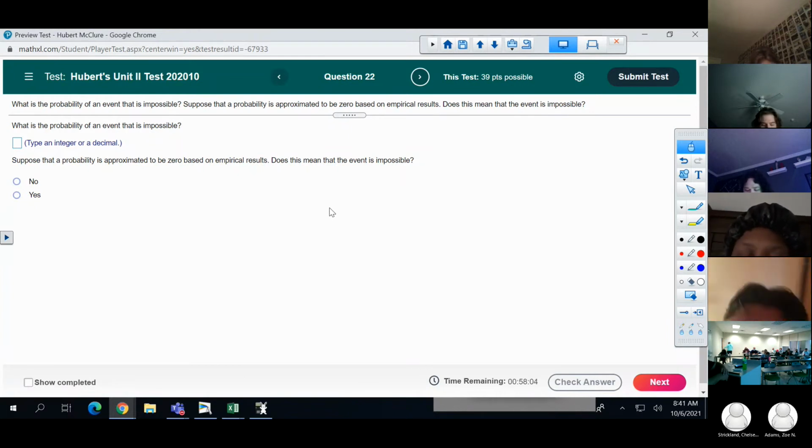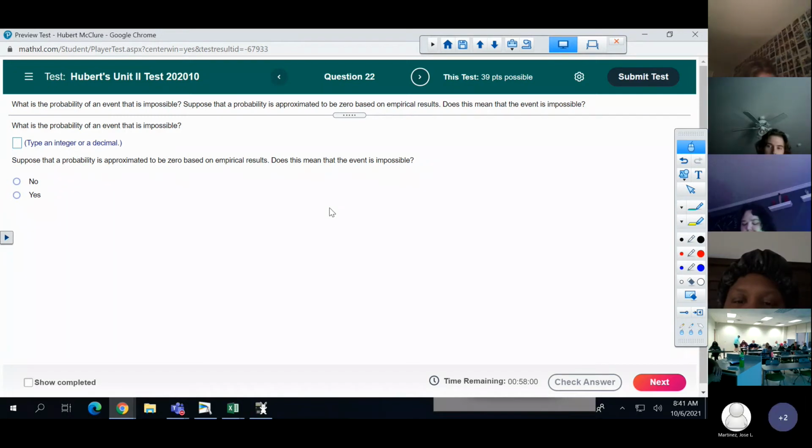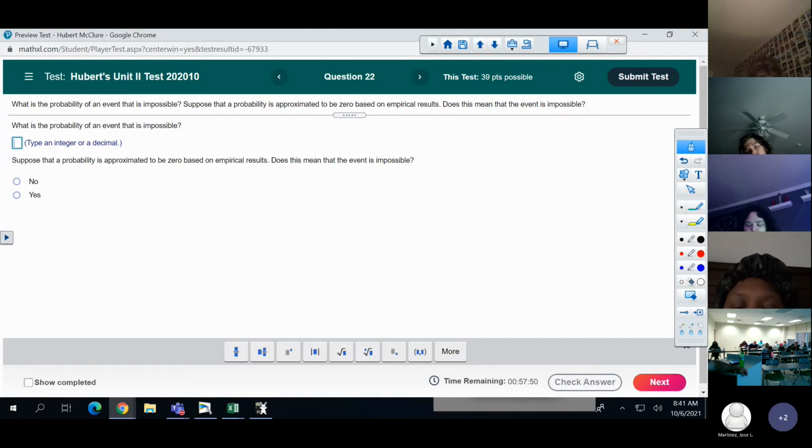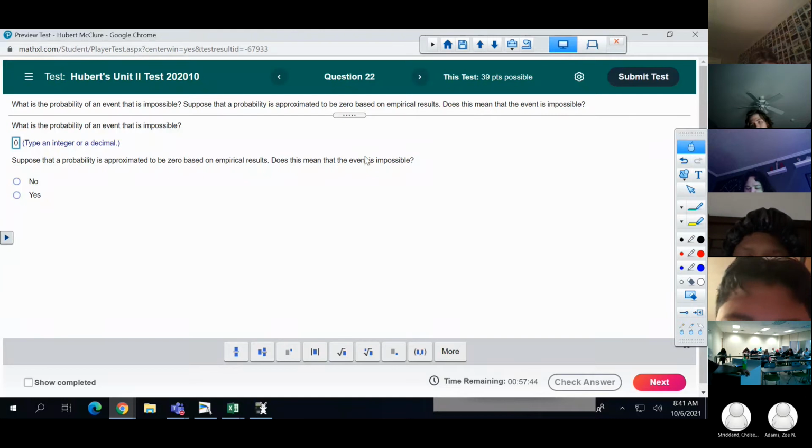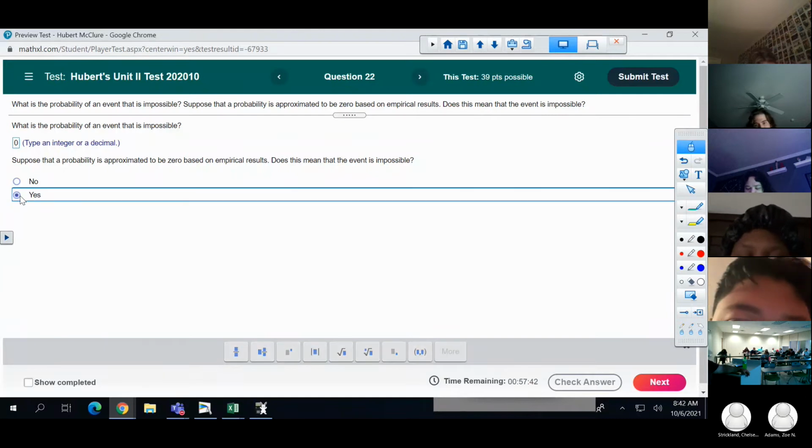Does this mean that the event is impossible? No, it means it's very unlikely. So what is the probability of an event that is very unlikely? 0. Does a 0 mean that the event is impossible? No.